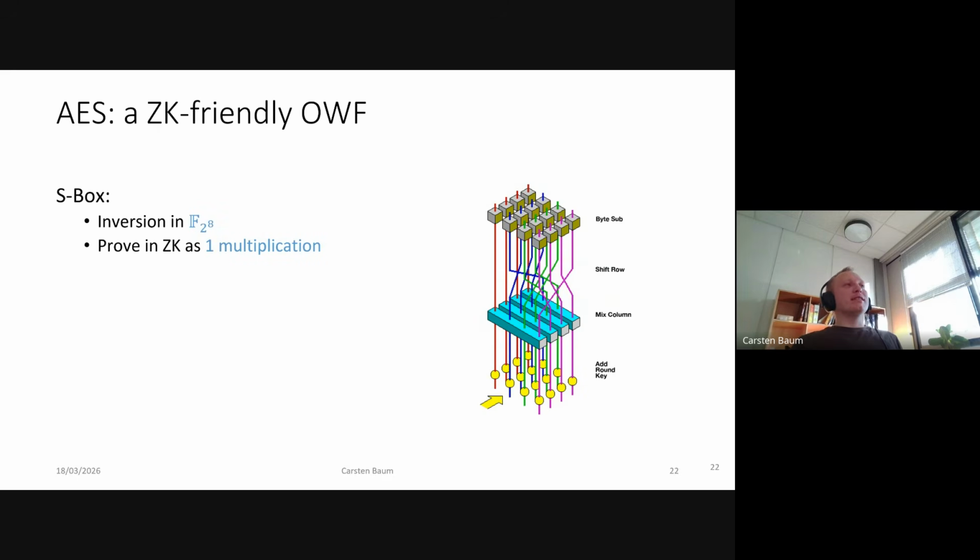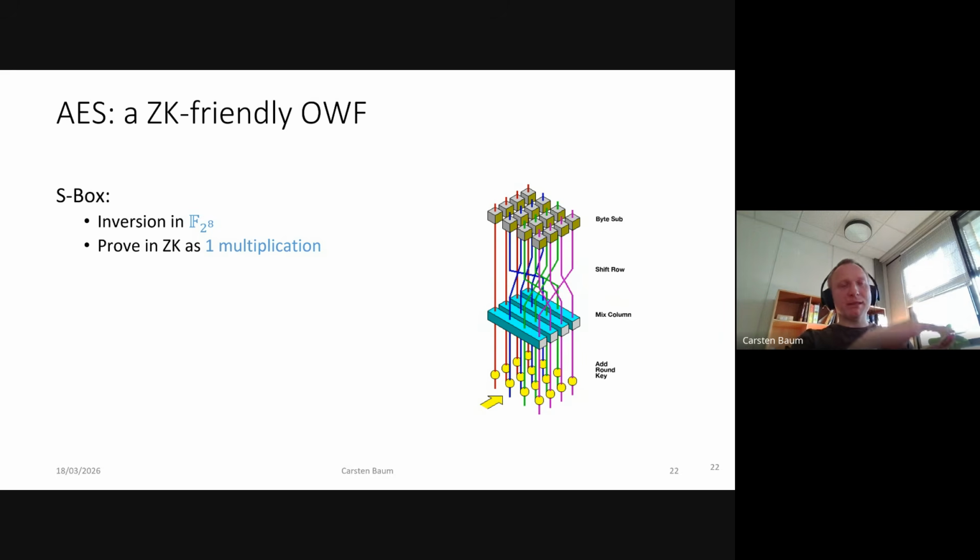And interestingly, the Rijndael or AES designers back in the late 90s, early 2000s, did us a great favor by designing an S-box that is actually very, very nice if you want to evaluate it in a ZK proof. Because what the S-box in AES is doing, it's looking at the input bits.